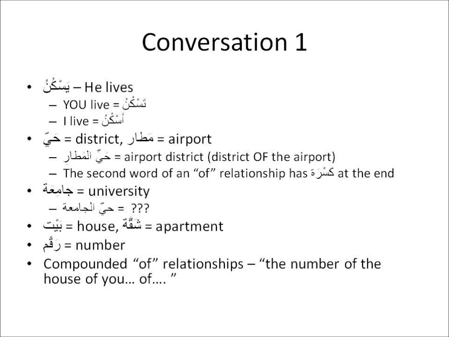So he has compounded the words so that the meaning is, what is the number of the apartment of you? And this is how we can chain relationships in Arabic, simply by adding nouns to each other in sequence without any break in between them. And we will have some grammatical rules for this relationship. It is called al-irafa.